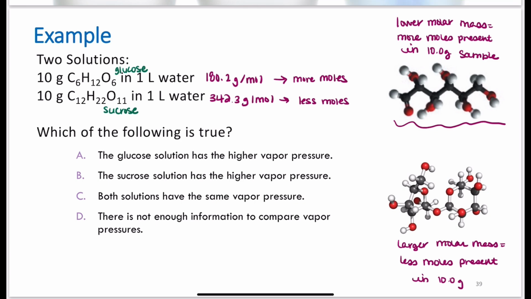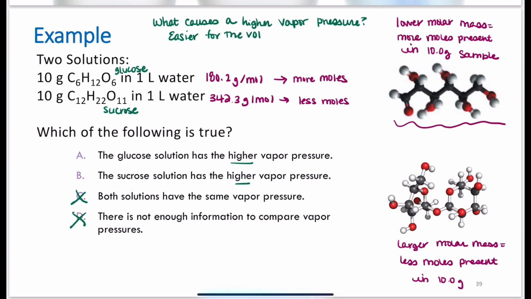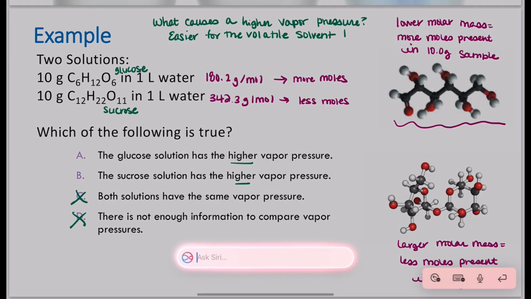So with that in mind, what causes a higher or lower vapor pressure? Let's just say what causes a higher vapor pressure. Why am I saying higher? Because these say higher. I told you already that it's not D. It's not C. And this is why I'm going to explain how we can figure out which one is higher. Higher vapor pressure means it is easier for the volatile solvent to escape the solution.